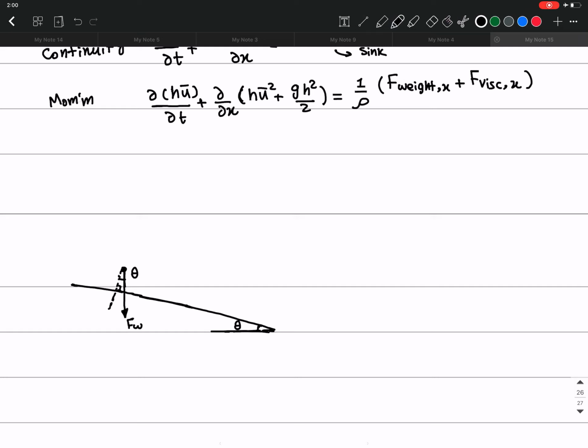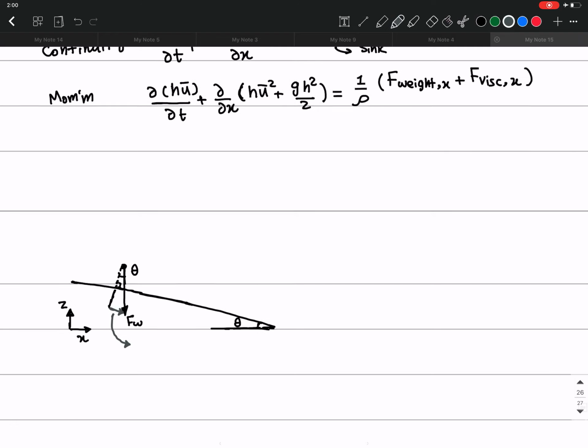Okay. And this direction is z, this is x, and so the term of the gravitational force that accelerates the flow, which is Fw, let's say in the stream flow direction, or x, is just, let me just write it, FW.